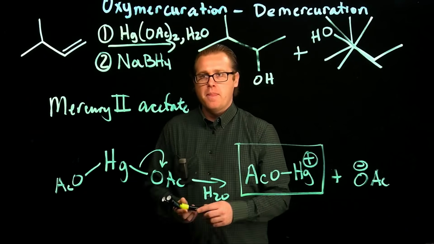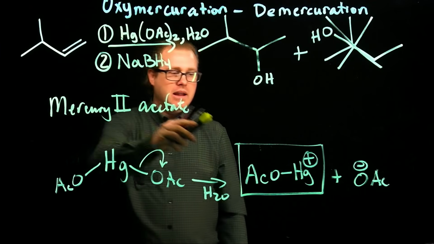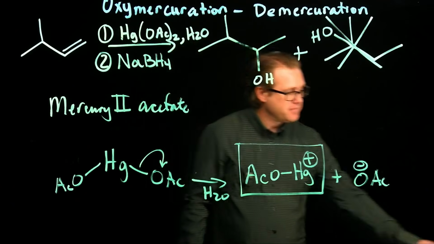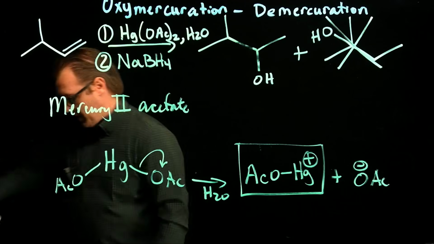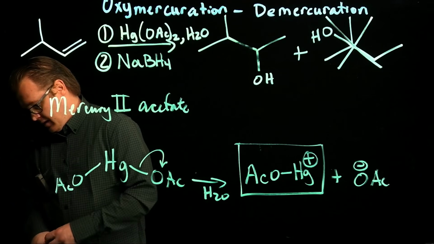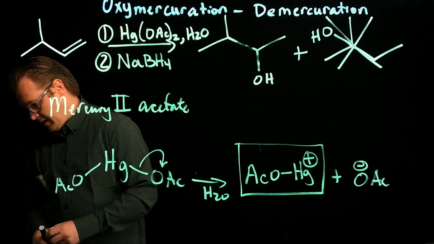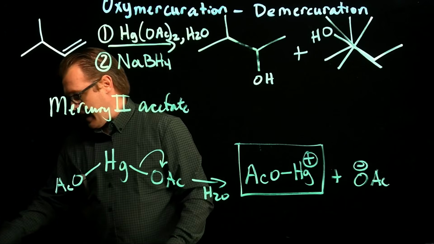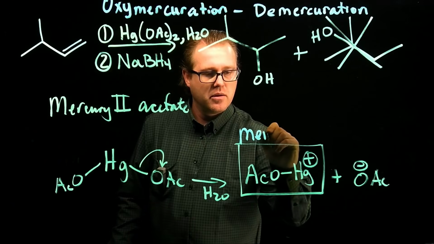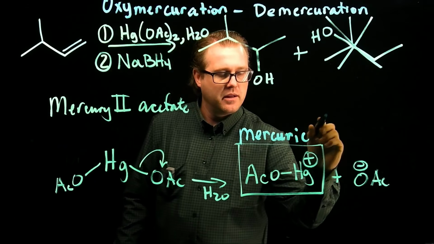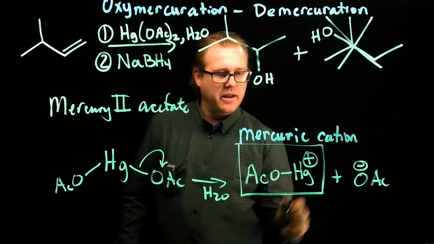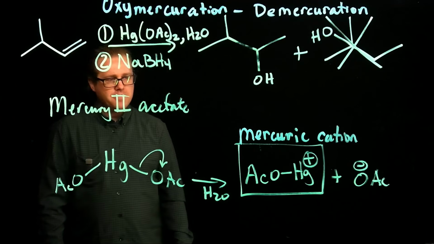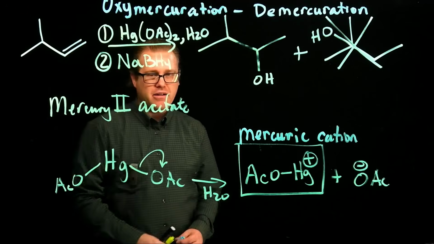And so the alkene now can react with the mercury species. And we could call this guy a mercuric cation. We can name it that, so our mercuric cation is going to react with our alkene.